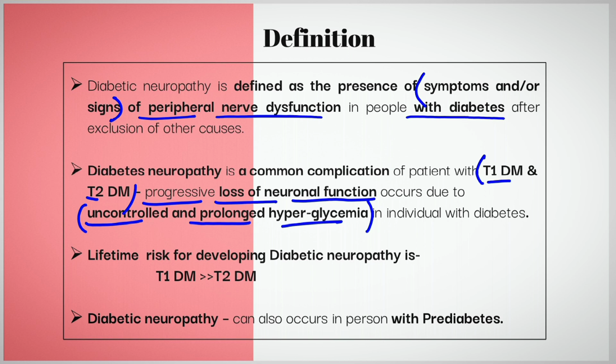However, when we look at the lifetime risk for development of diabetic neuropathy, it is more in type 1 diabetes mellitus as compared to type 2.